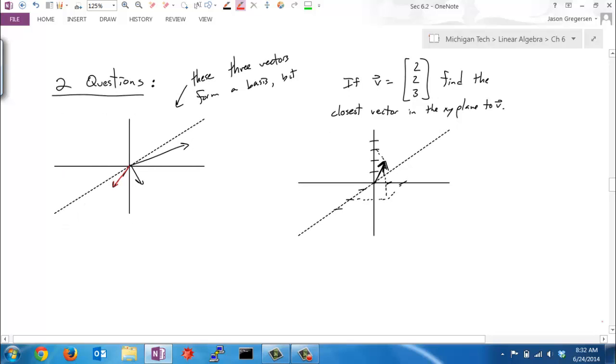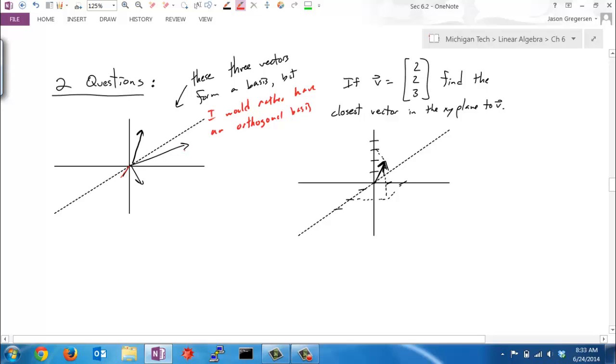Another way to approach that overview is we want to answer these two questions. The first question: I have these three vectors, and they form a basis for R3, but I would rather have an orthogonal basis.